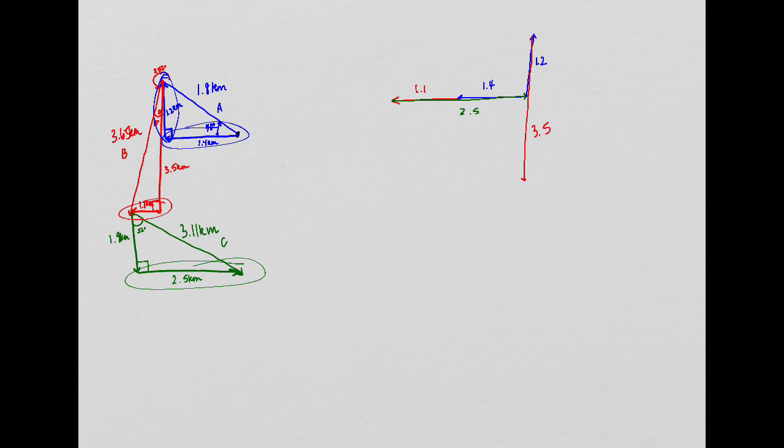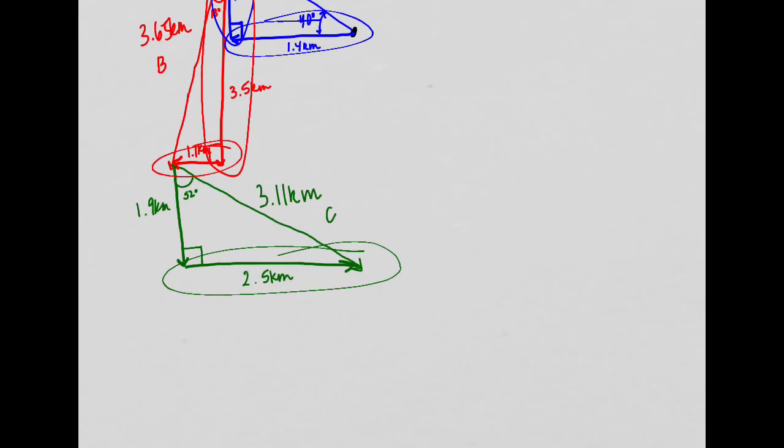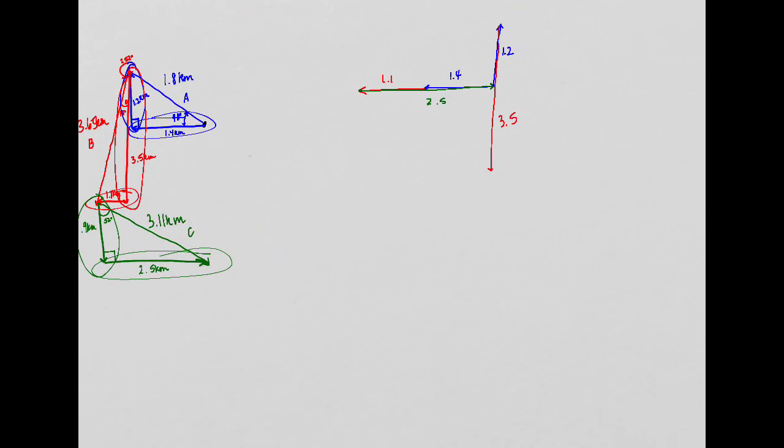Sorry, that was this long one right here. Sorry, I'm getting out of control with the circles. And then now we're going to take this last vertical component, which is 1.9.